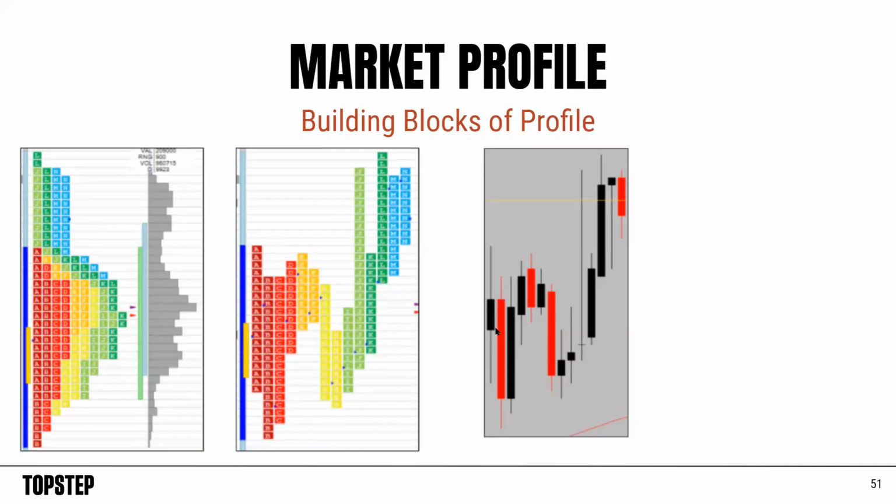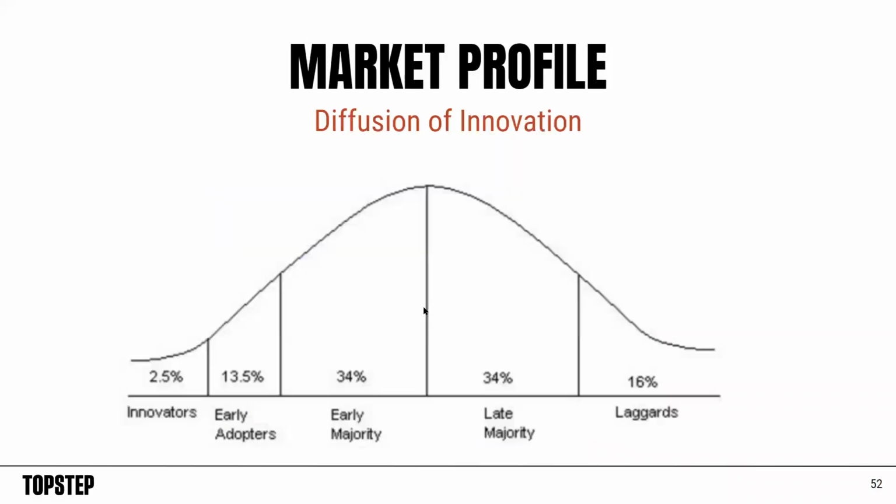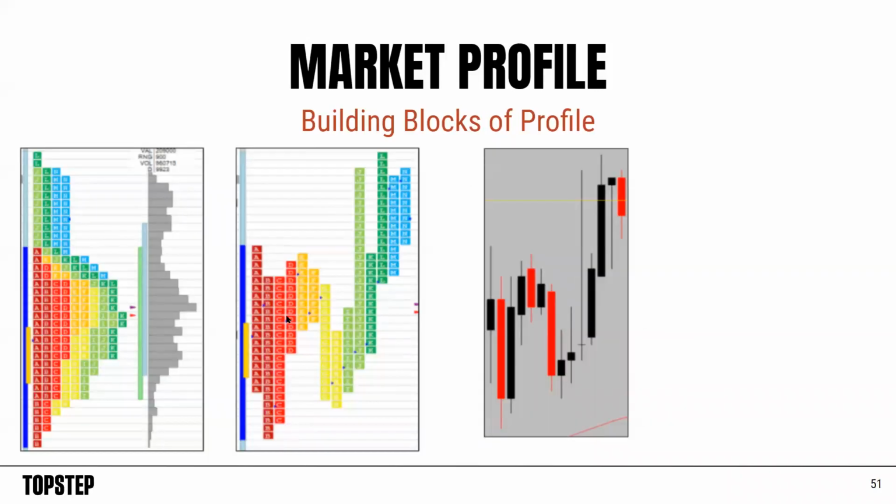It trades lower, trades higher, and closes here. B period opens there and closes here, opens here, trades up here, trades down there, and closes here. The exact same information is provided when you split the profile. It just looks a little bit different when you crush the profile down to create the bell curve.